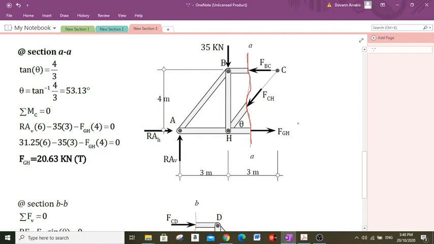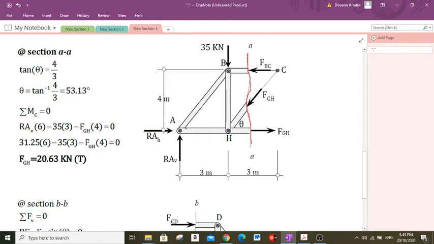So we have three unknowns, and because this free body diagram is a non-concurrent force system, meaning to say the three equations of static equilibrium can be used. So we have three equations and three unknowns, so we can proceed with the analysis.